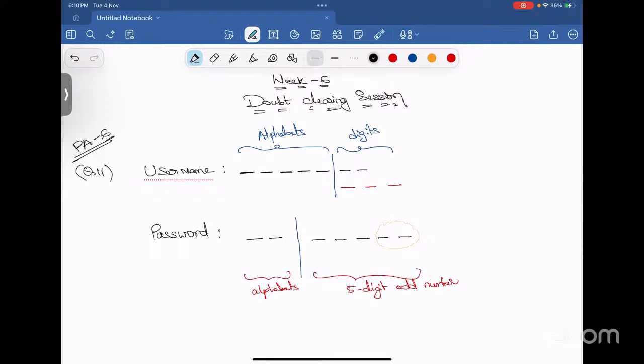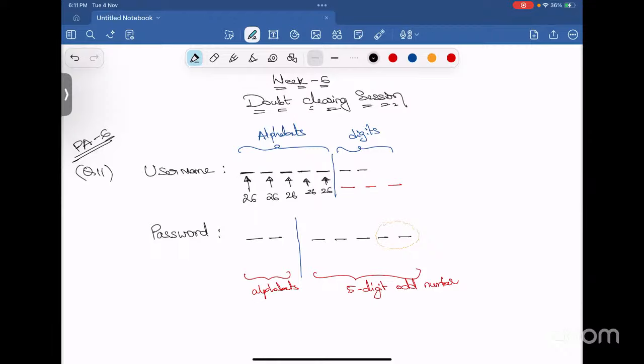Correct? So since the first 5 are alphabets and there is no restriction that they should be distinct, the first alphabet that I can choose has 26 ways. Similarly, the second one also has 26 ways. The third one also will have 26, 26, and 26.